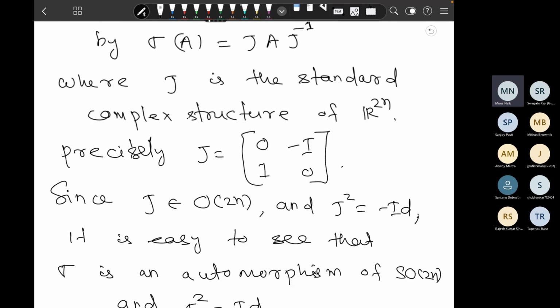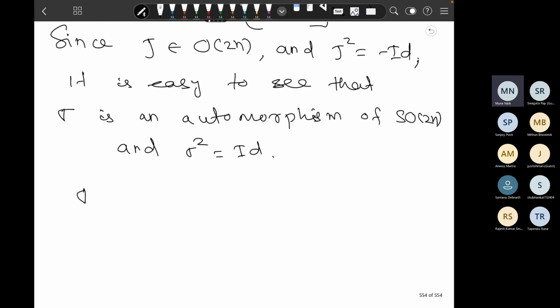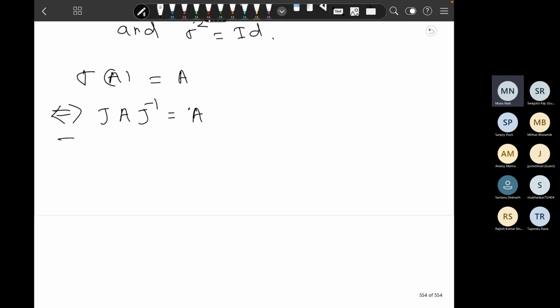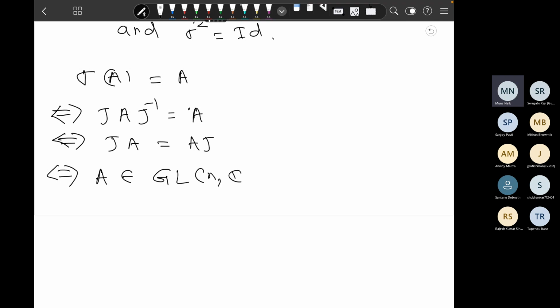Now, sigma A is equal to A. This is equivalent to the fact that J A J inverse is equal to A. So that will imply that J A is equal to A J. And that means A commutes with the complex structure. This is equivalent to the fact that A belongs to GL(N,C).